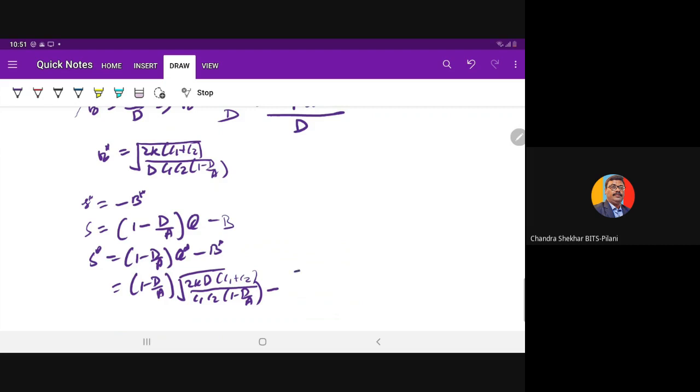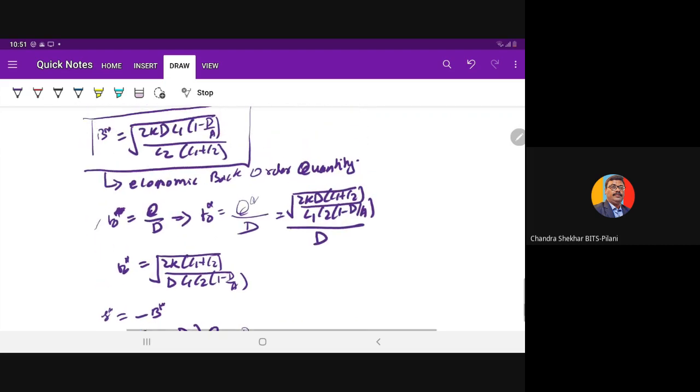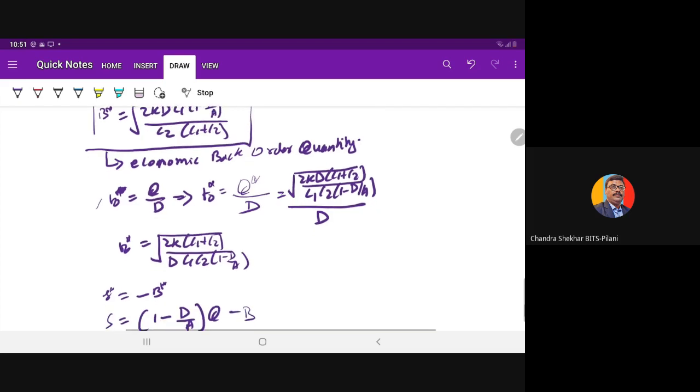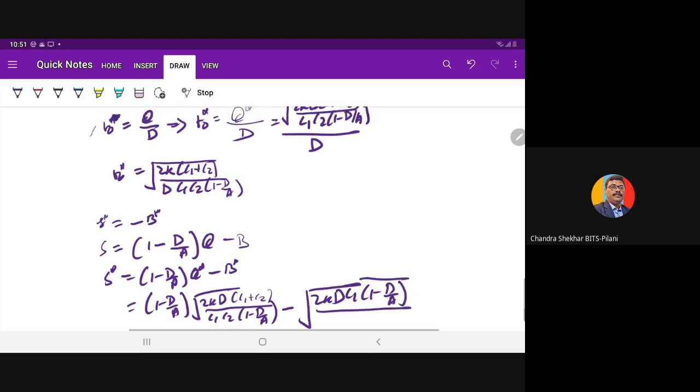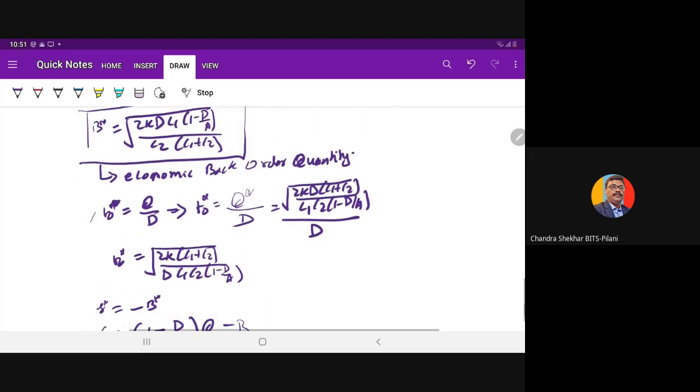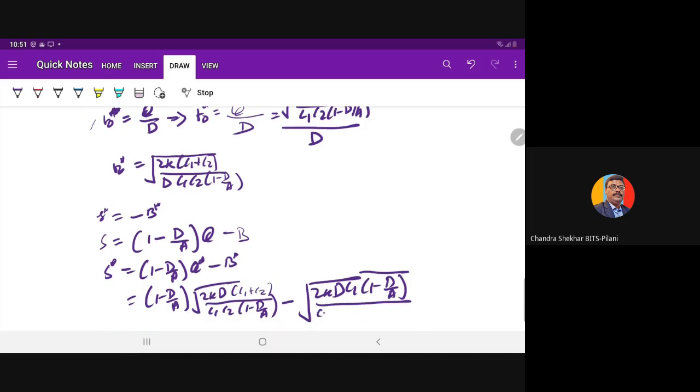So 1 minus D upon A, Q star we have the value root of 2KD upon C1 plus C2 into C1 plus C2 upon C1 C2 1 minus D upon A, that is our Q star, and B star is root of 2KD C1 into 1 minus D upon A whole upon C2 into C1 plus C2.